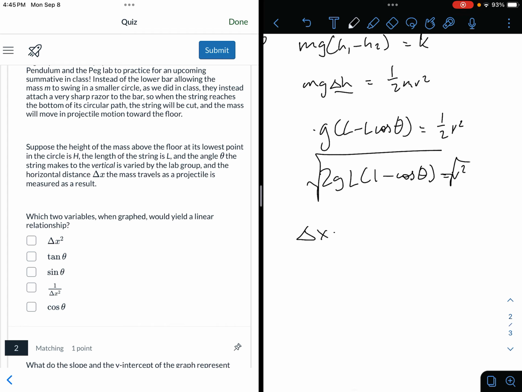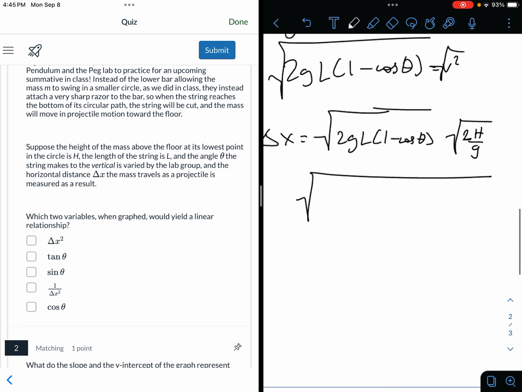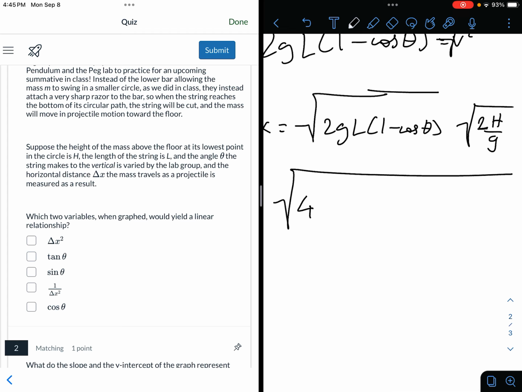So the total change in X equals the speed, which we just derived as the square root of 2GL(1 minus cosine theta), times the time, the square root of 2H over G. I can put this all in the same radical, and I would get the square root of 4LH(1 minus cosine theta).